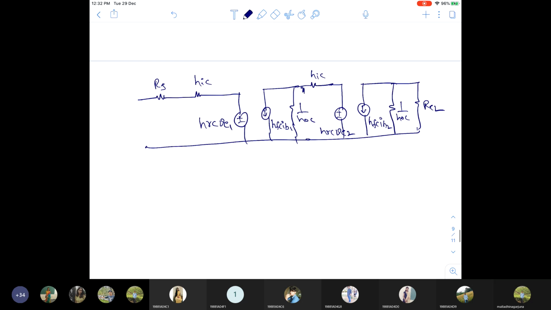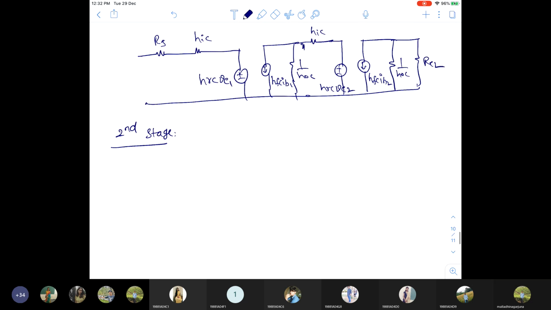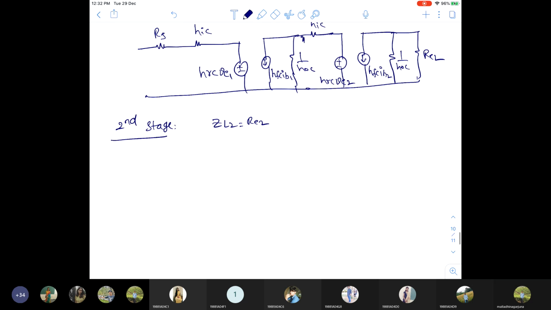Coming to the second stage of CC configuration, ZL2 is nothing but RE2 only. So now ZL2 equal to RE2. The analysis part already we did for the CC configuration, now we have to do it two times.